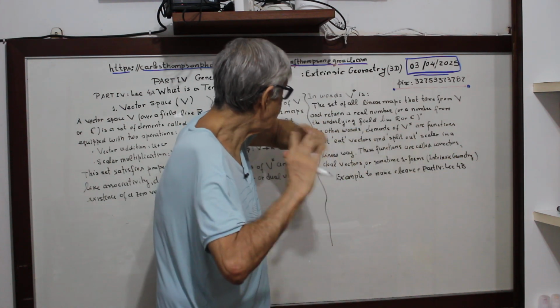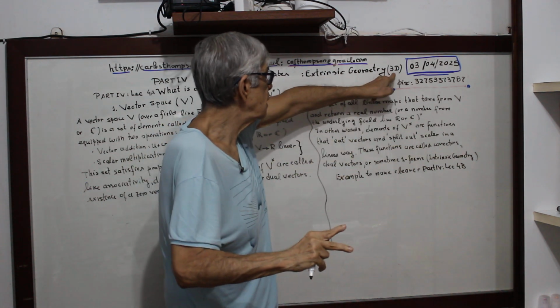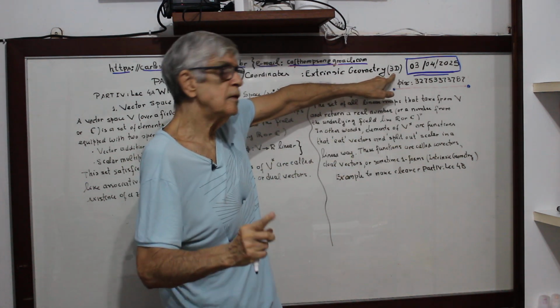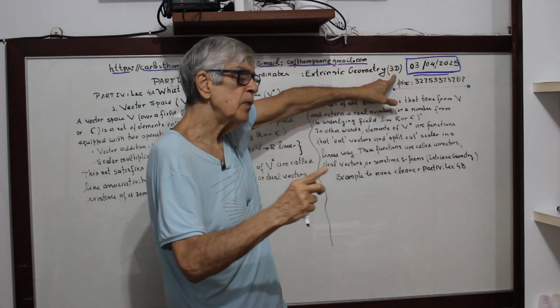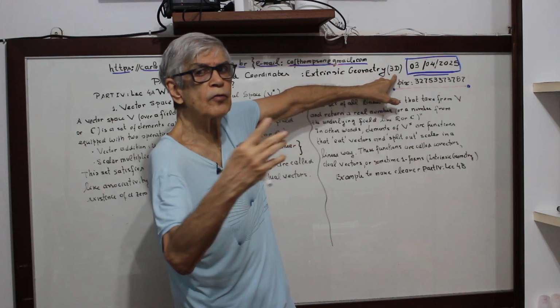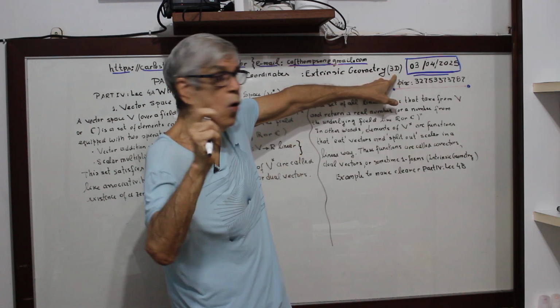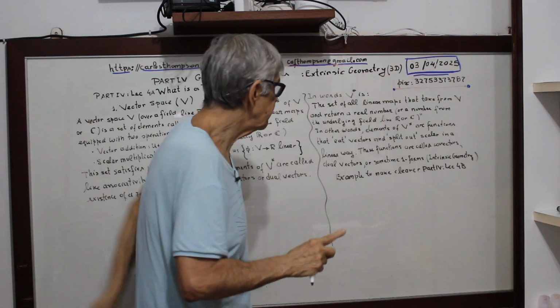But I will emphasize extrinsic geometry only in 3 dimensions. There is no extrinsic geometry, for instance, in the Einstein field equations and the theory of relativity.